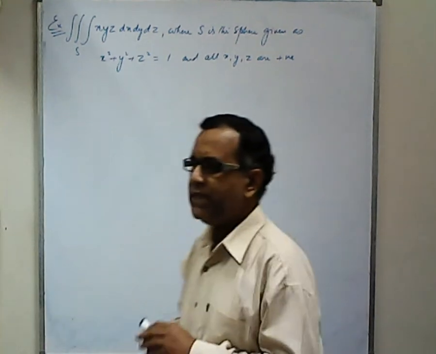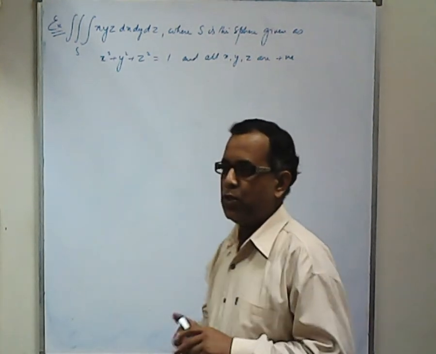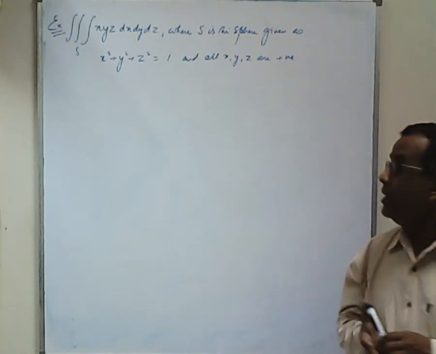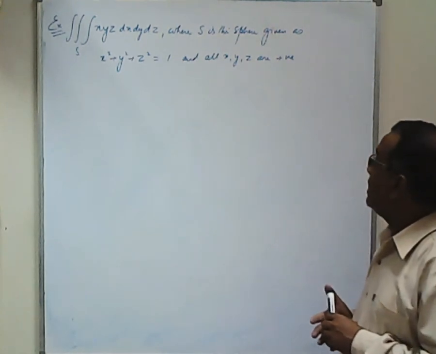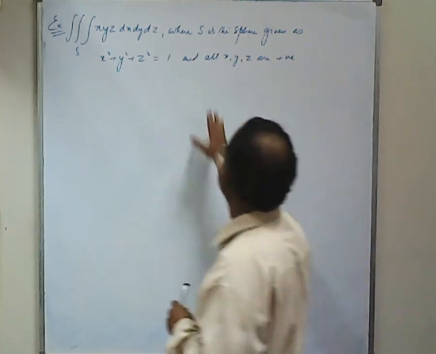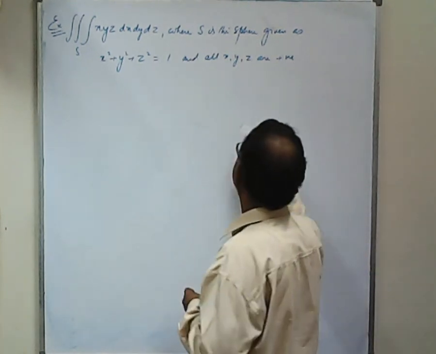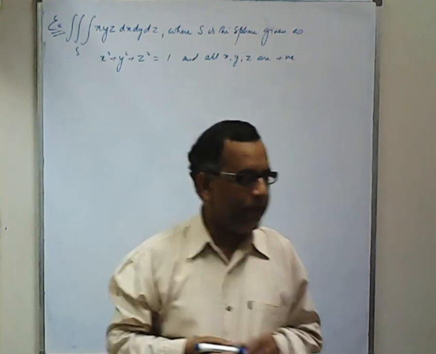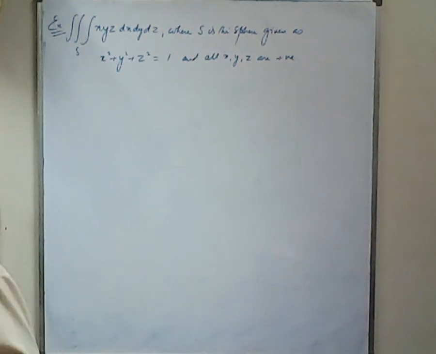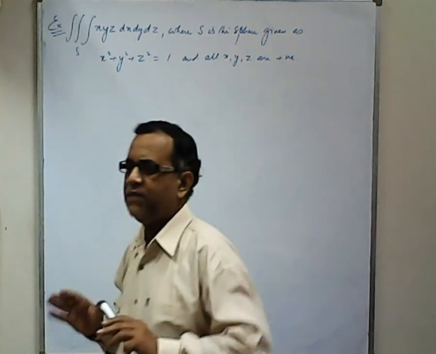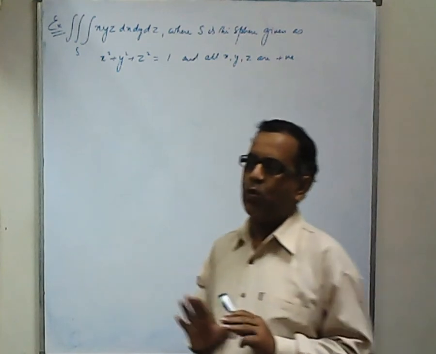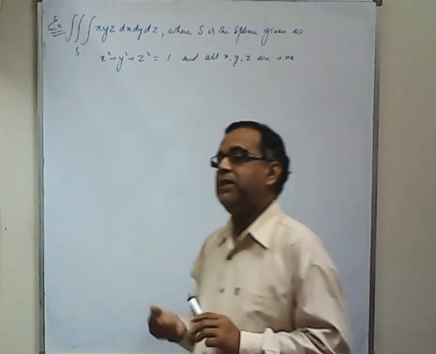It simply means that we need two limits for each and every variable. Since x, y, z are all positive, they are lying in the first quadrant, because in the first quadrant we have all positive values and it starts from 0.